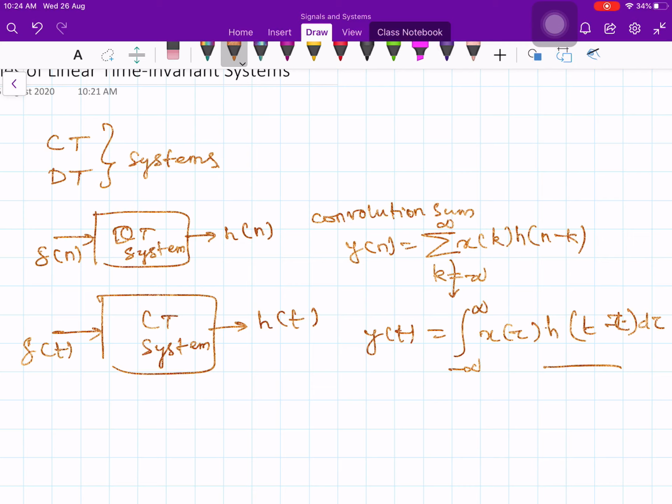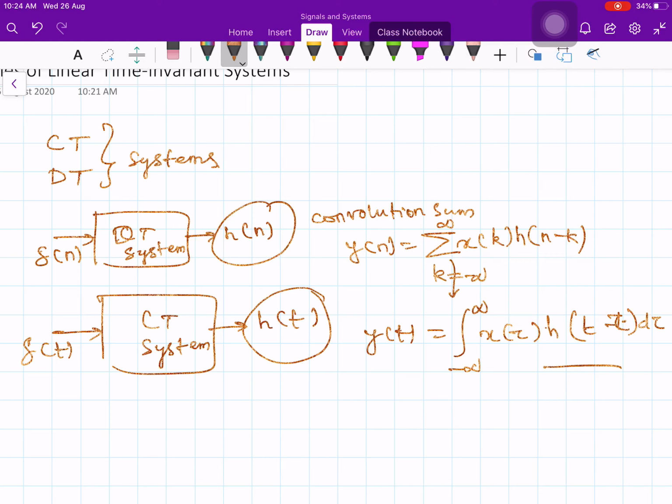One consequence of these representations is that the characteristics of an LTI system are completely determined by its impulse response h of t and h of n.